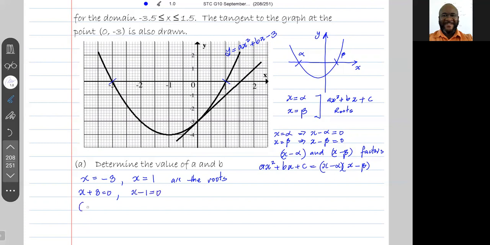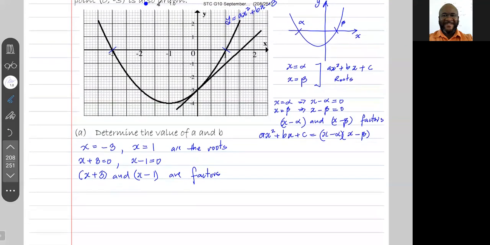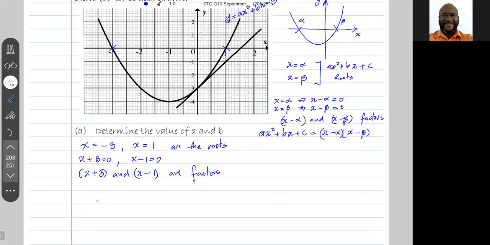Whenever you do that, you can say x plus 3 and x minus 1 are the factors of the quadratic expression. And if they are the factors, it means that the quadratic expression ax squared plus bx minus 3 would be equal to x plus 3 multiplied by x minus 1.